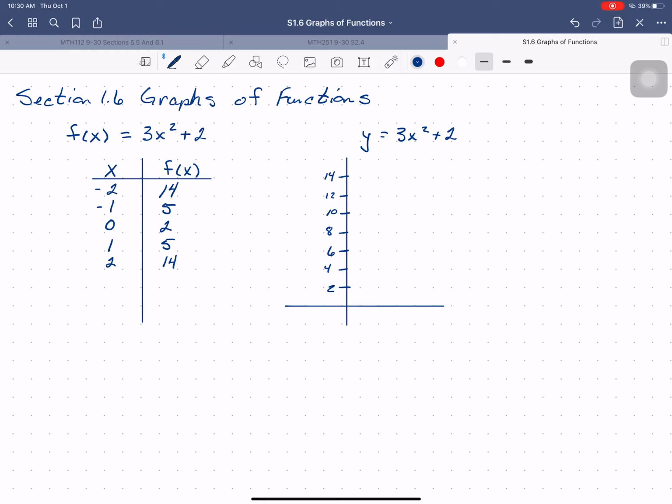So this is 0, 1, 2, 3, -1, -2. So we plot -2, 14; -1, 5; 0, 2; 1, 5; and 2, 14. We connect the dots, and that is our graph of our function.